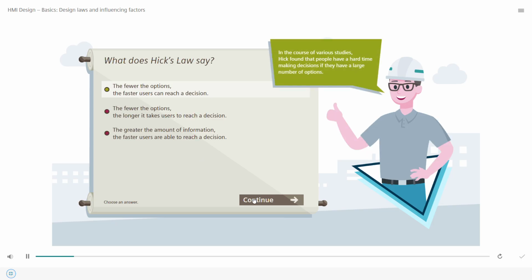In the course of various studies, Hick found that people have a hard time making decisions if they have a large number of options.